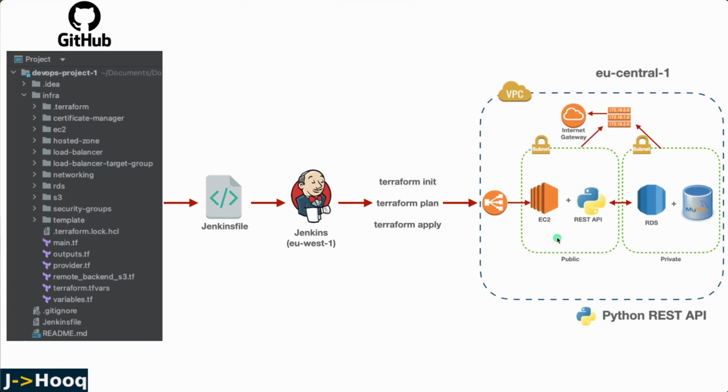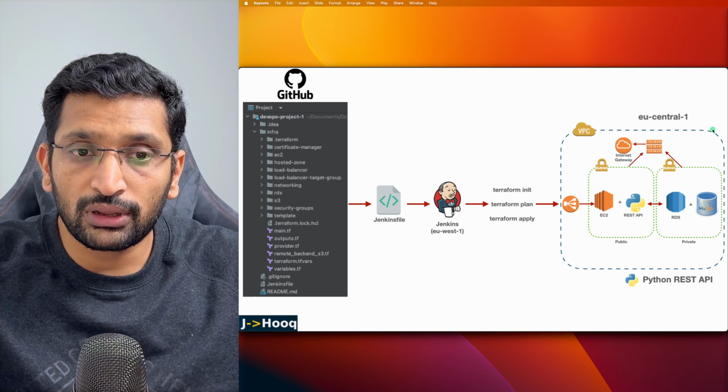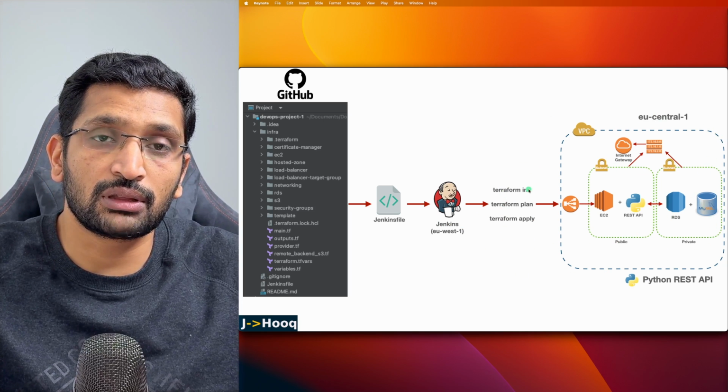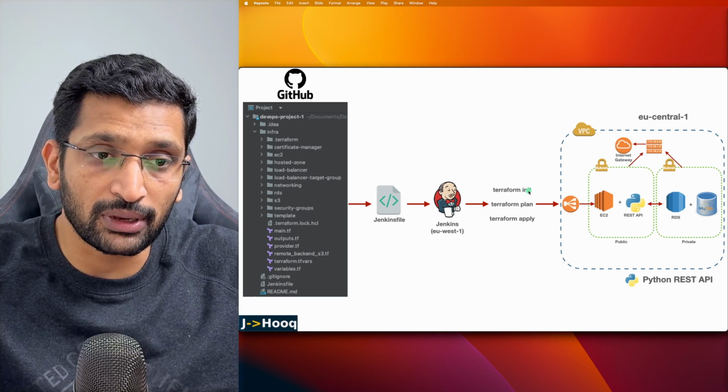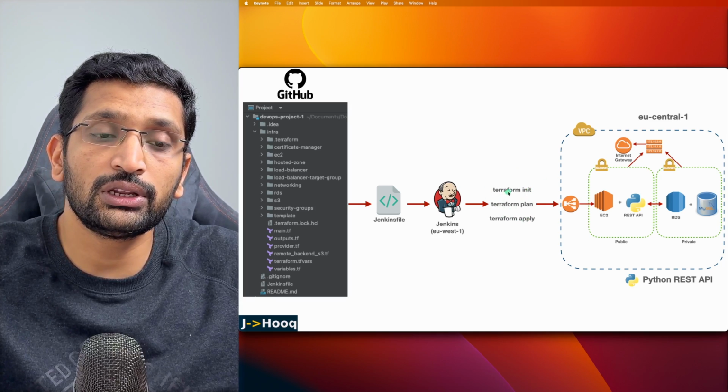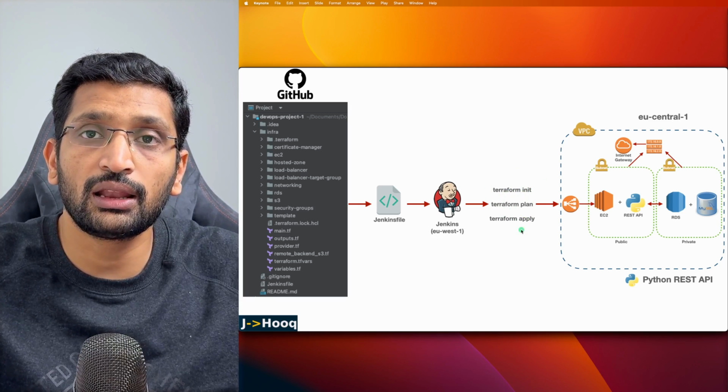The infra I'm talking about is the VPC, the subnets, a public subnet and a private subnet, internet gateway, route table, EC2 instance, a REST API application using Python, and then an RDS instance with MySQL. This whole infra we are going to set up using our Jenkins pipeline, and that pipeline will only issue the terraform init, plan, and apply commands.